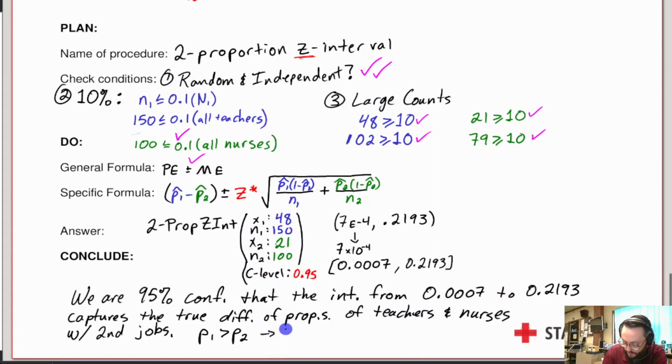The proportion of teachers who have a second job is higher than the proportion of nurses with a second job. We have convincing evidence of that.